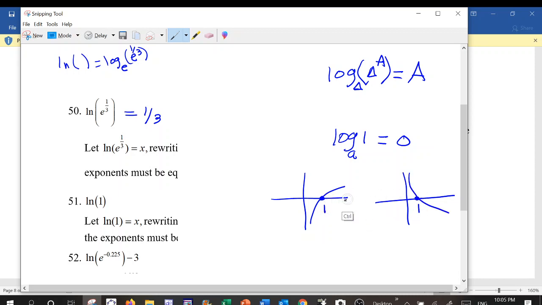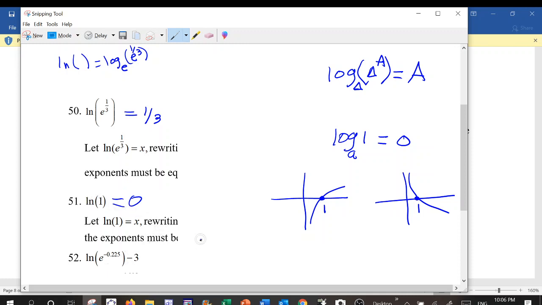All the members of these two families go through x equals 1, and y equals 0 when x is 1. So the logarithm of any base of 1 equals 0. This makes sense because the logarithm asks a to what power equals 1. Any number to the 0th power is 1, so 0 is the answer for any log.